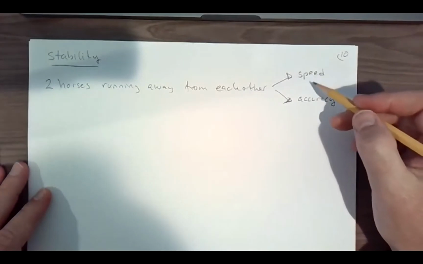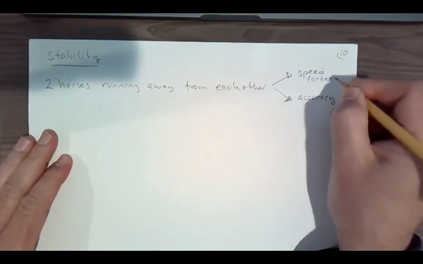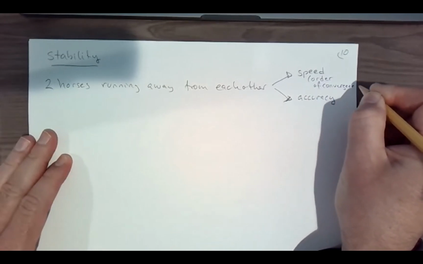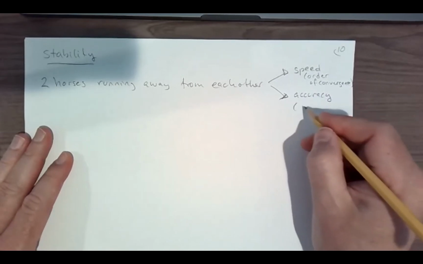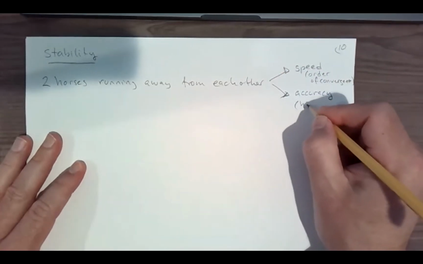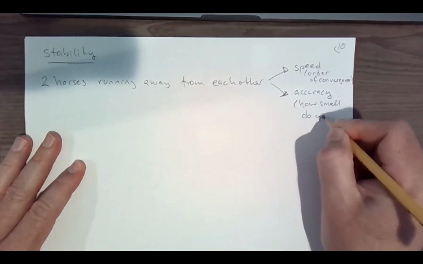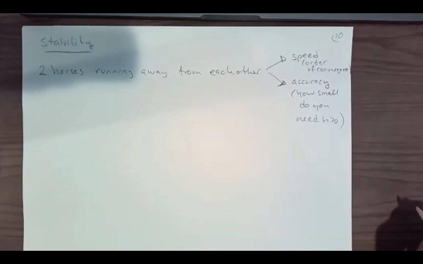Speed, this is the order of convergence. And accuracy, this is like how small do you need h?